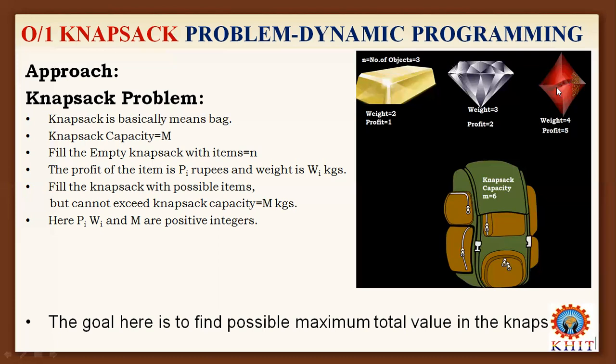If you pick this third item, it has a weight of 4 kg and you can get a profit of 5 lakhs. That means in the given problem there are n number of objects, and each object has its own weight as well as profit.